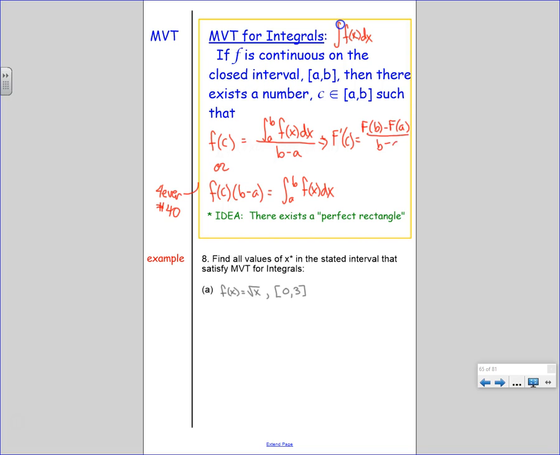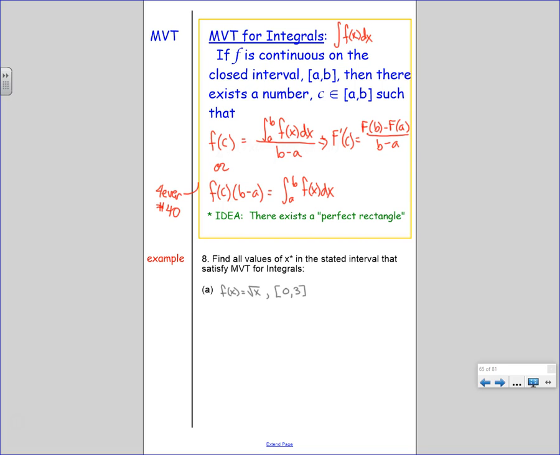Does this look a little more like MVT? Yeah. Because it's the instantaneous equals the average. But from what we've learned, there are other ways of writing this. The derivative of the antiderivative is the integrand, or the antiderivative of b minus the antiderivative of a is the integral.